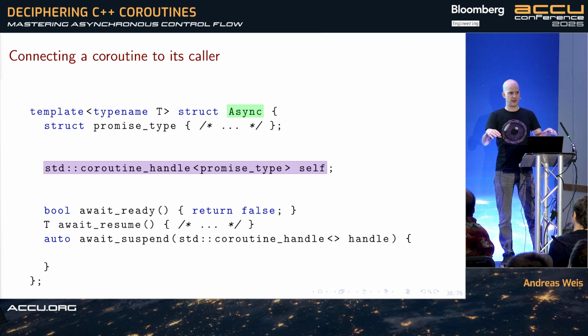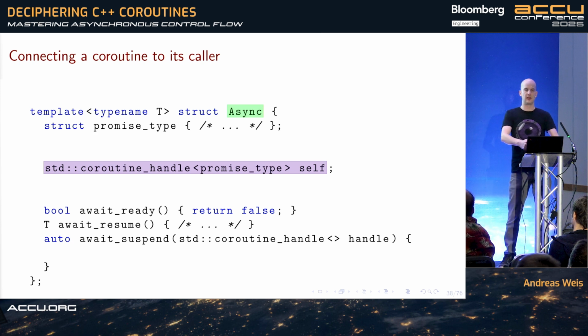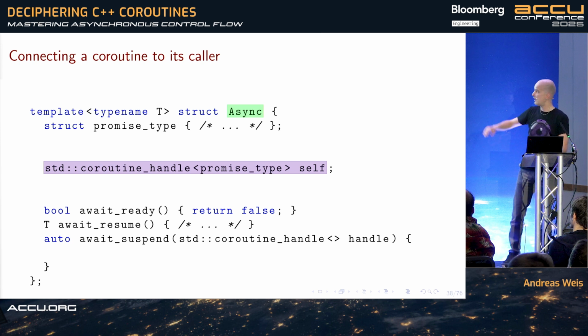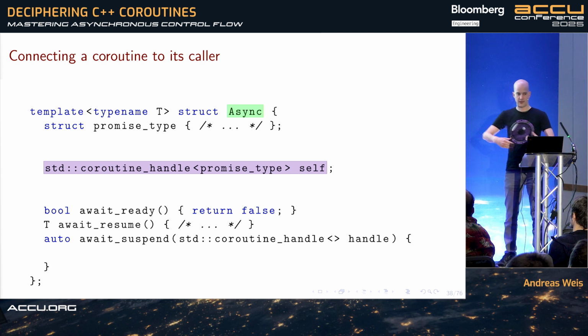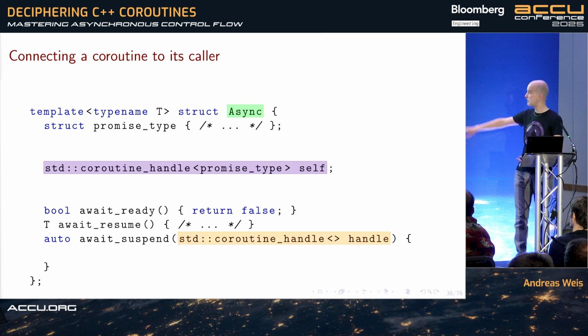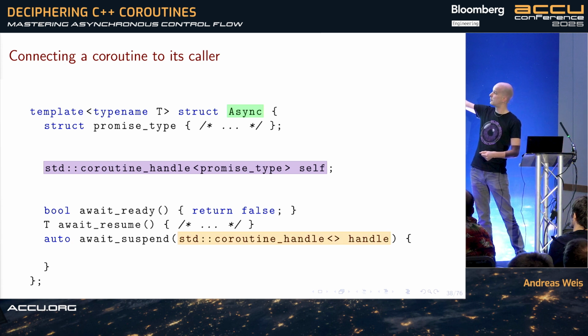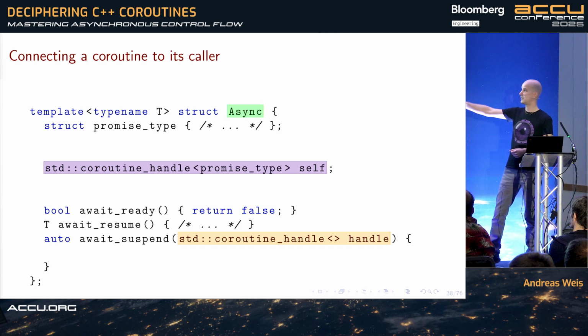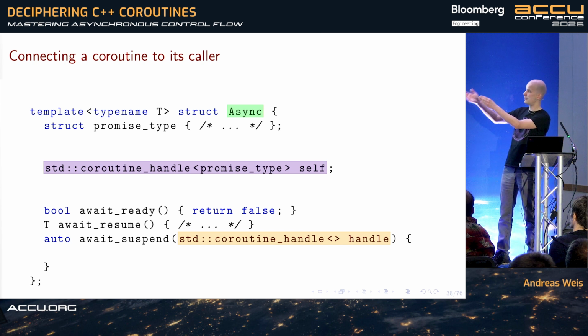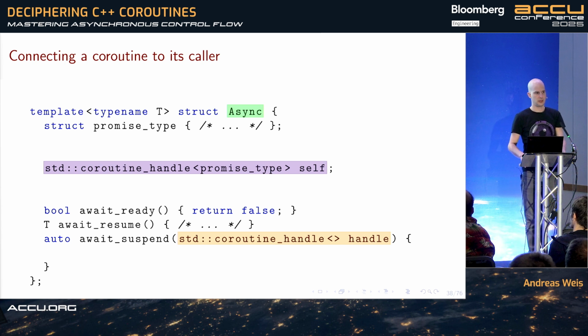It's the caller function that calls co-await on the async object that was handed out from the inner function. And this handle is the handle to the function that wants to go to sleep, the function that called co-await. So this is the handle to the outer function down here. So we have 2 handles here, and they refer to different coroutines. One refers to the inner coroutine, the other refers to the outer coroutine.